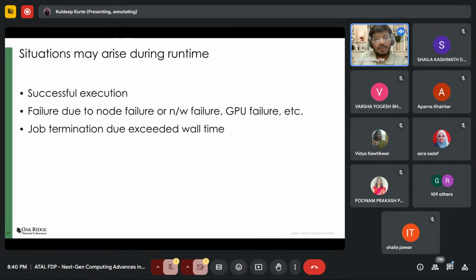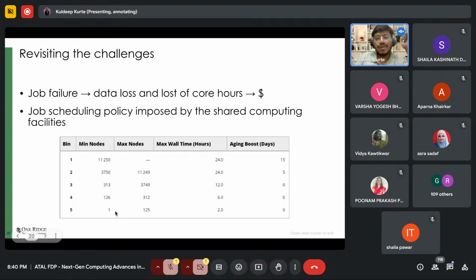If one user is asking for, say, one node, while another user is asking for, say, 4,000 nodes, should we prioritize the second user over the first based only on the number of nodes asked? Or, since the first user is asking for only one node, should we just assign that job before the second job so that it finishes earlier and that one node is released? So what is the trade-off?